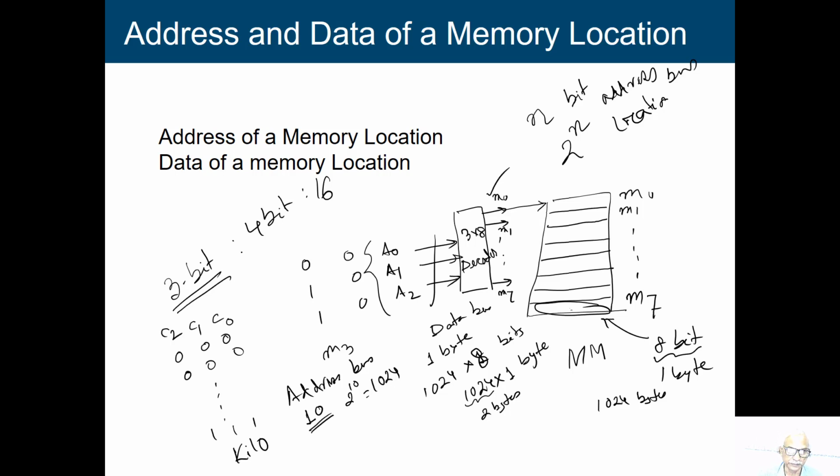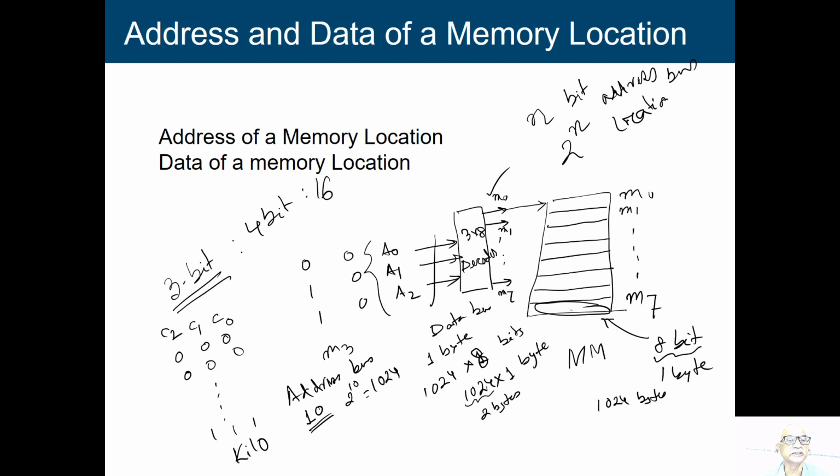Now, in the previous slide, we talked about two registers. One is the MAR, which is the memory address register, and the second is the MBR, the memory buffer register. These are two processor registers. We have already discussed registers. These are nothing but storage elements where we can store some information.